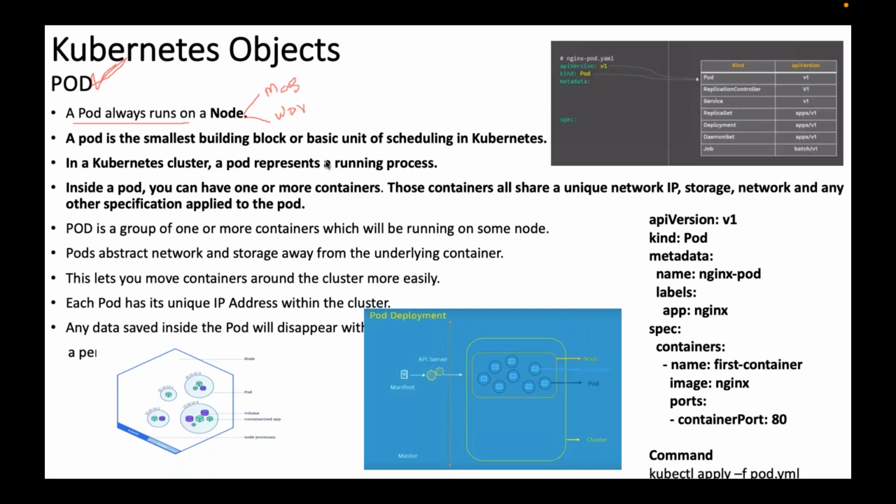But here in Kubernetes, can we directly create containers? No. Pod is the smallest one which we can schedule and create in Kubernetes. In Kubernetes, a pod represents a running process.